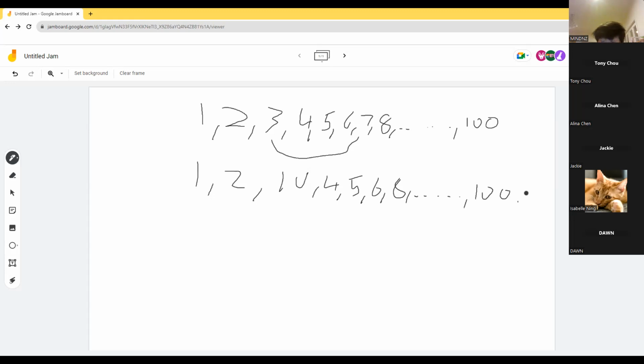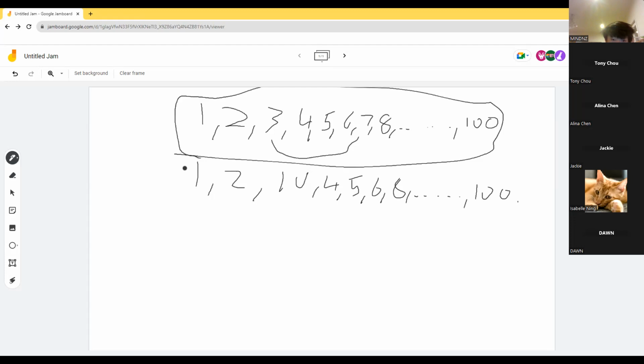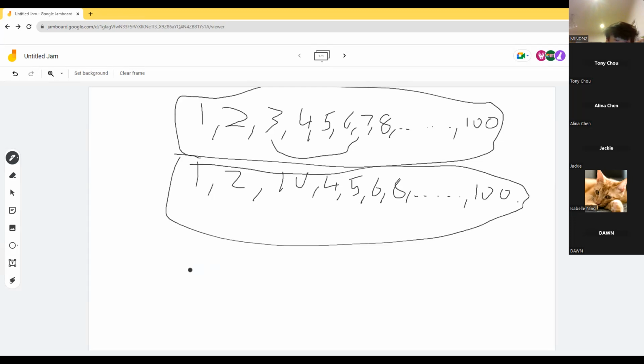Right, so hopefully you guys notice that the sum of the elements is the same, right? Okay, so let f of n denote the sum of the elements.